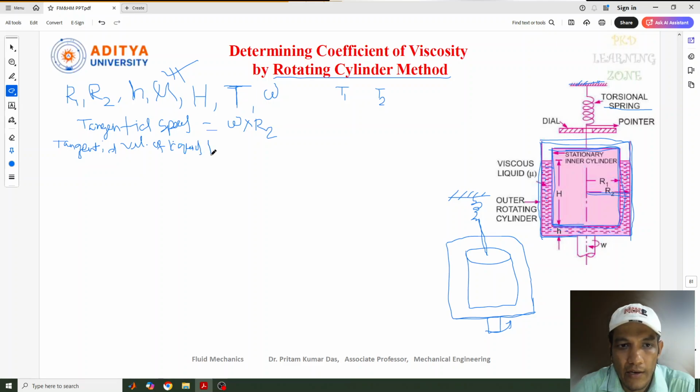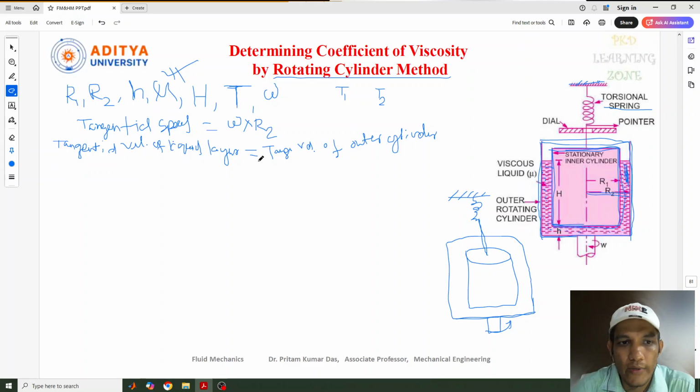So what is the tangential velocity of this liquid layer? That will be equal to the tangential velocity of the outer cylinder.